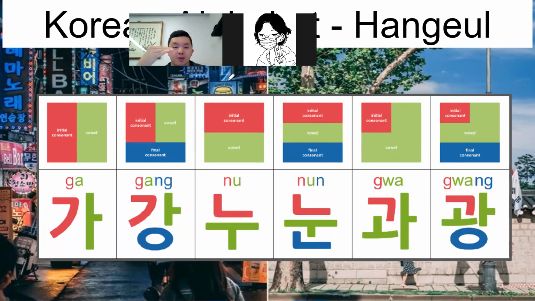The extra consonant is at the bottom, and you can see the blue color. That's what we call the final consonant or second consonant. The fourth picture also has this bottom consonant, the final consonant or second consonant. And the last box also has that.